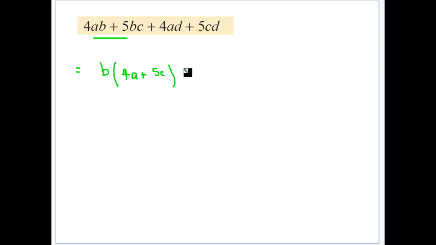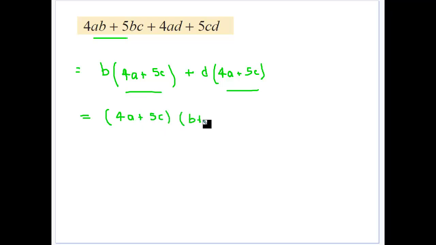If I look at what's common in the next one, I've got a d that's common, and that's going to leave me 4a plus 5c. Now I look at that, and is it completely factorized? No, because I've got a common factor there. Let's factorize that out, and that leaves us b plus d.